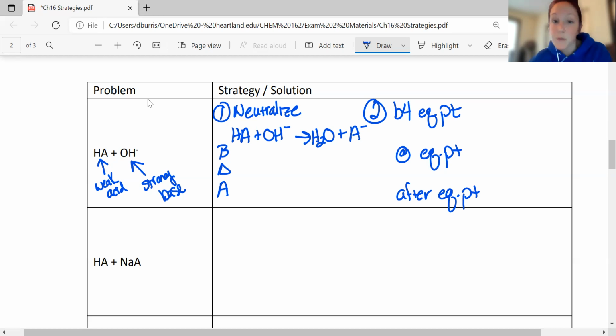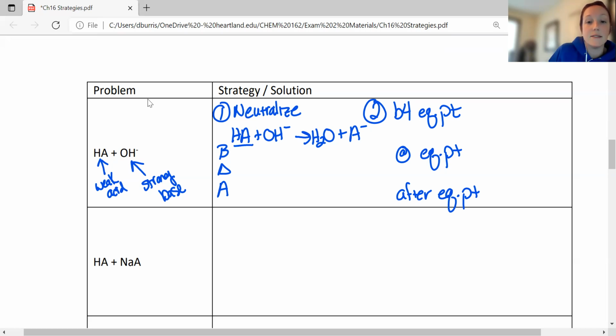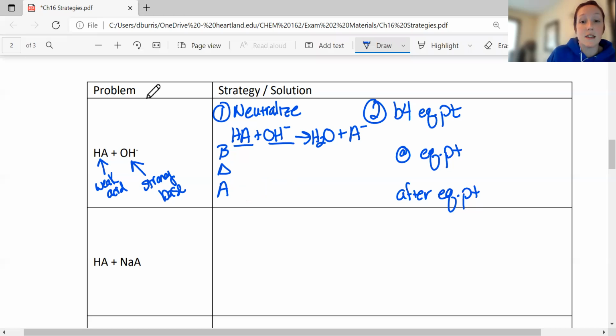The equivalence point would be exactly when your acid and your base have completely neutralized each other. So it would be 0, 0, and then you have A minus here. That would be the equivalence point. If it's anything before that, you will have acid left over because you haven't neutralized it all yet. And if it's anything after that, you have base left over.